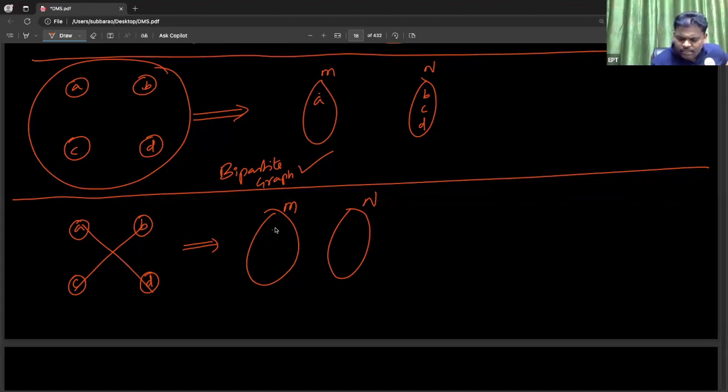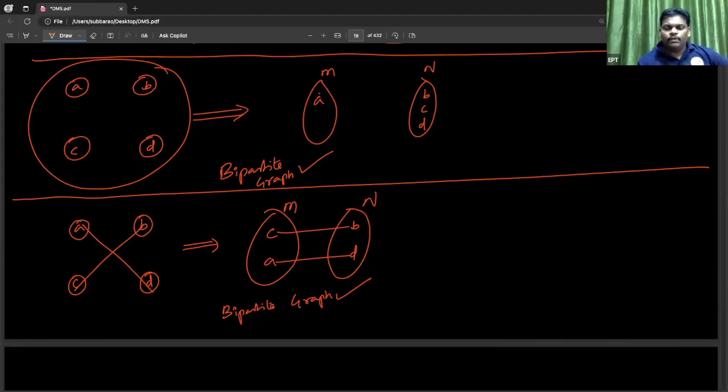The first person can be on any side. I will take C. Now C has an edge, so keep the next one here. A to D, edge there. Yes, so all edges are covered, all vertices also covered. It is also a bipartite graph. Fine, till now it is okay.